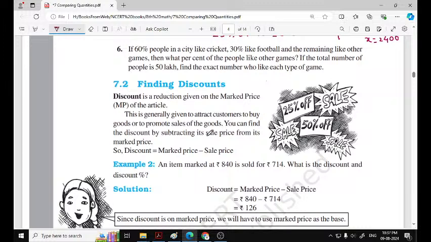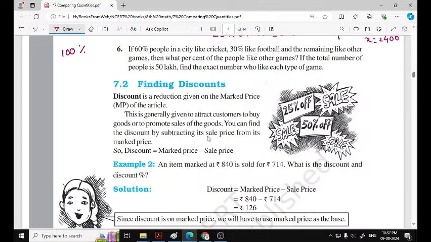If 60% of people in a city like cricket, 30% like football, and the remaining like other games. So when we consider percentages, the total citizens are 100%.